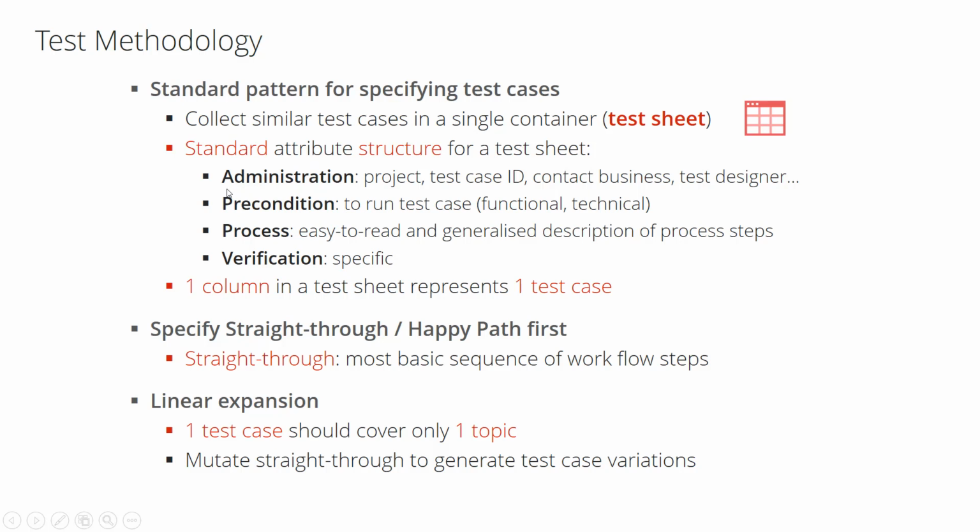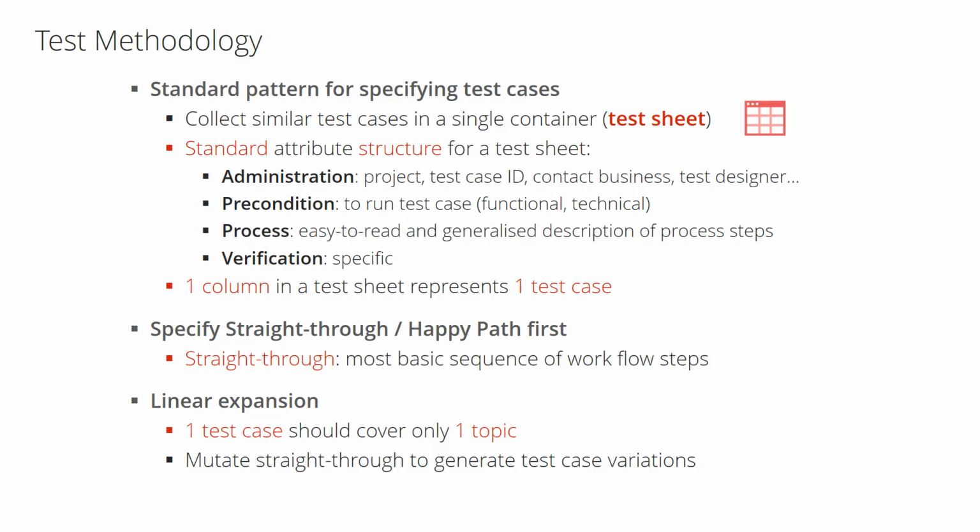So the standard flow of writing a test case from my side is: you set a precondition, which can be a functional or technical precondition for the test scenario you want to create. You have an attribute for the process, like what the actual input parameters into your system under test are, and then of course you have a verification. What are the output parameters of the explicit test case or test scenario?